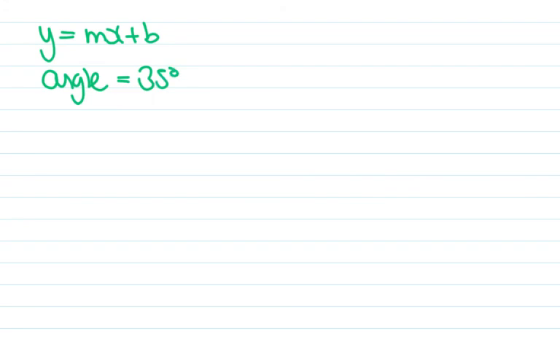Number 2, find the equation in the form y equals mx plus b of the line that makes an angle of 35 degrees with the x-axis and passes through the point (0, -2). So the angle with the x-axis equals 35 degrees. There's my x-axis. My line is coming through and it has an angle of 35 degrees.